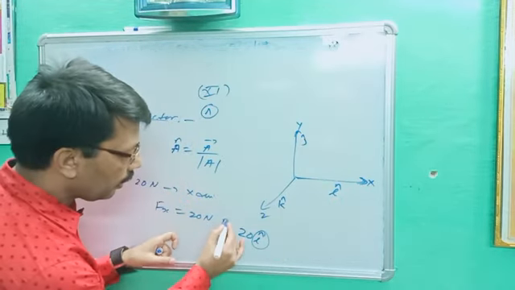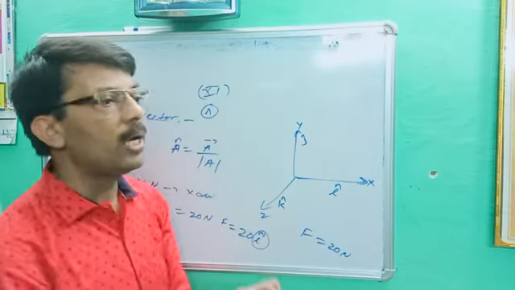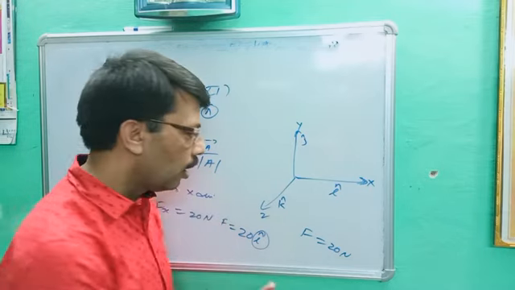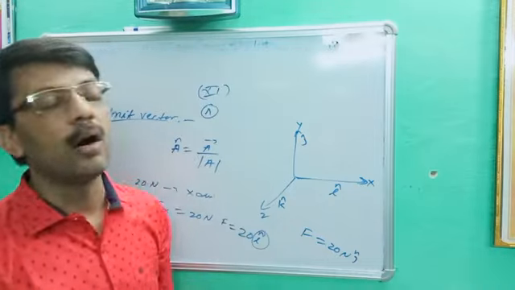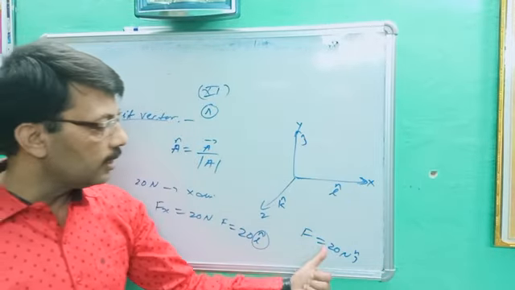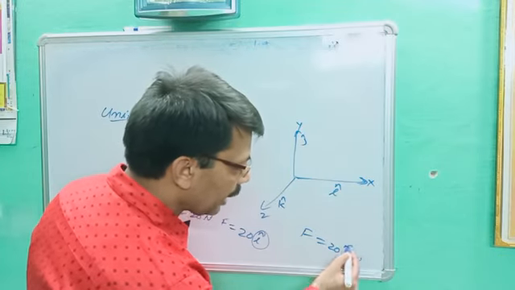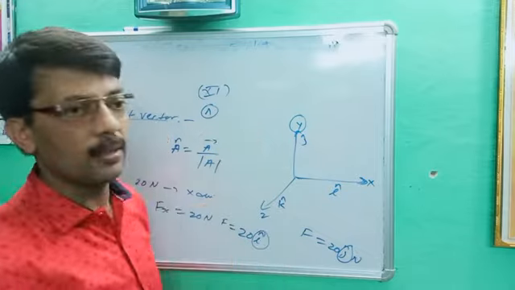Here, if I write F is equal to 20 Newton, you are unable to say anything because only magnitude is given but direction is not given. When I put j cap here, 20 j cap Newton, j cap tells us the body is moving in what direction? Y dimension.